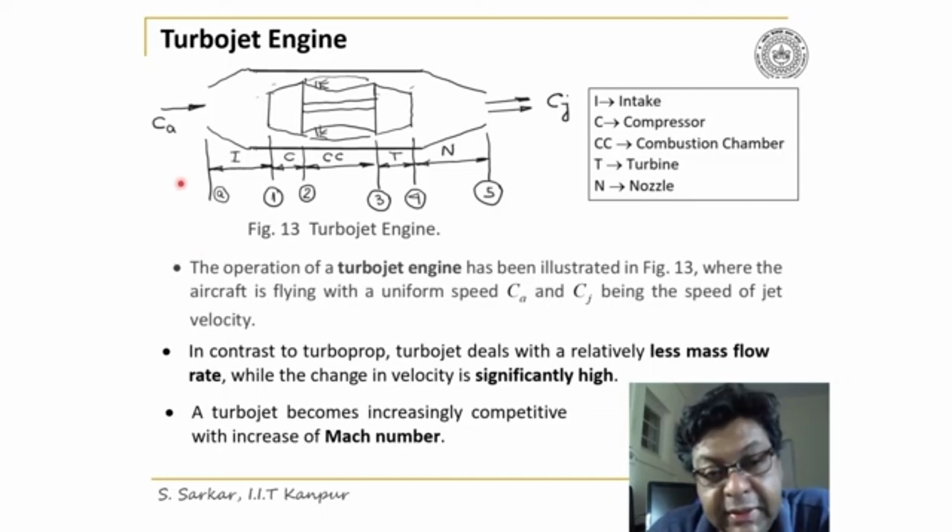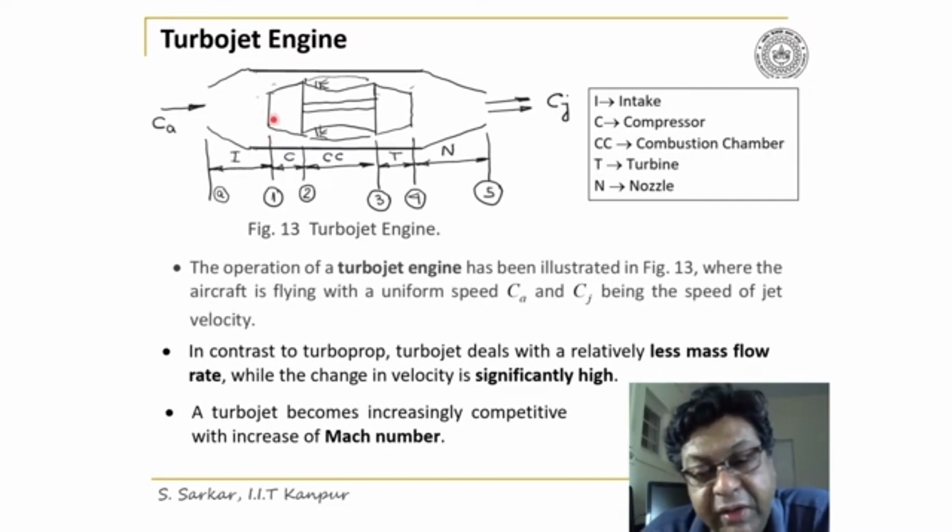Thus, the frontal part of the engine is the intake, which is represented by I, where air is being diffused and thereby the pressure increases. Now the pressure here is more than the atmospheric pressure, and then the air is being sucked by the compressor where it is being further compressed.